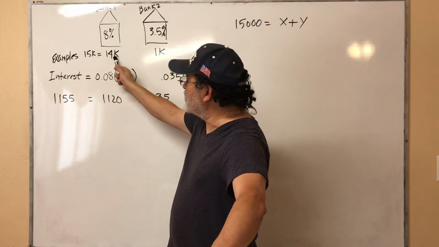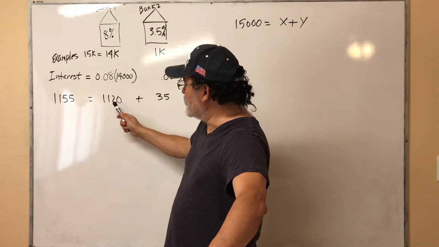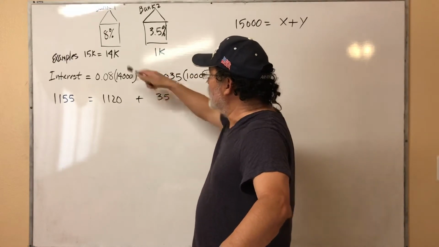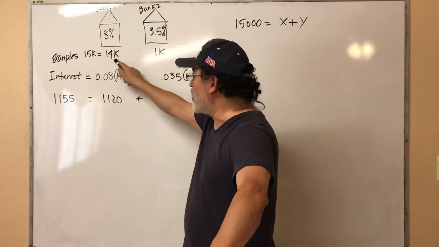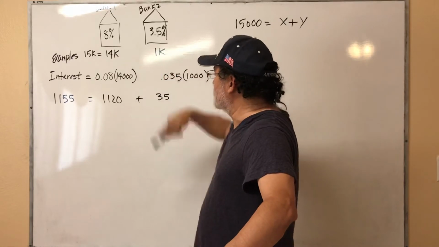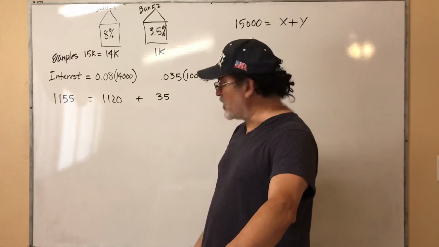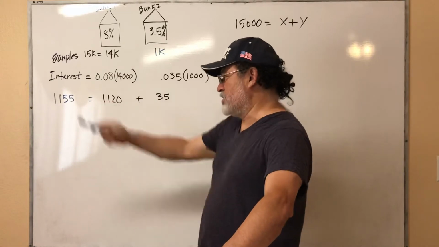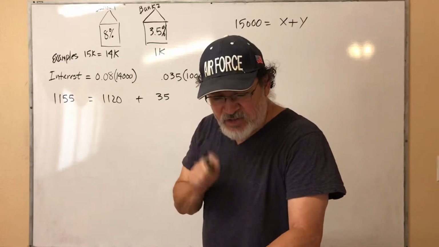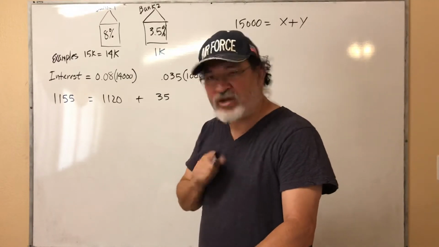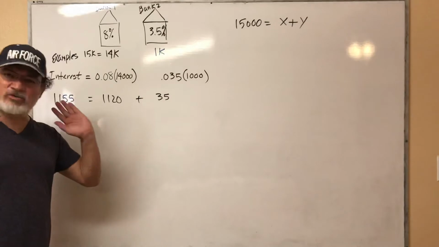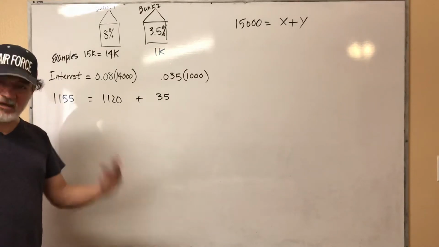If you invest $14,000 in this bank, you get that much. If you invest $1,000 here, 14,000 plus 1,000 is 15,000. Remember, this should always add up to 15,000. If you invest this much here, you get 35 bucks. From both accounts, 1,155. But here it says the interest earned from the two accounts is 840. That's too much.